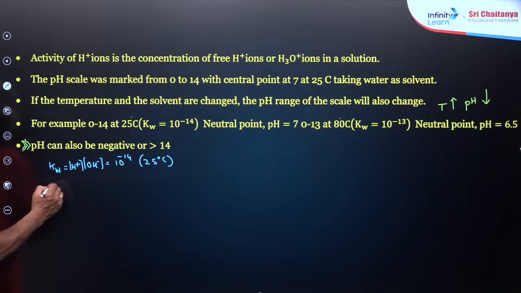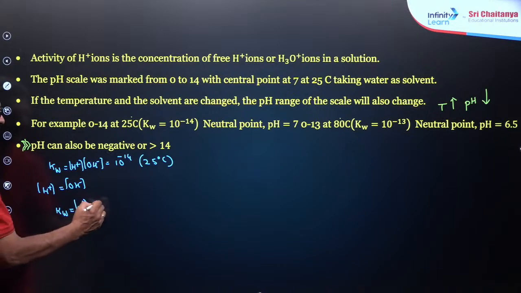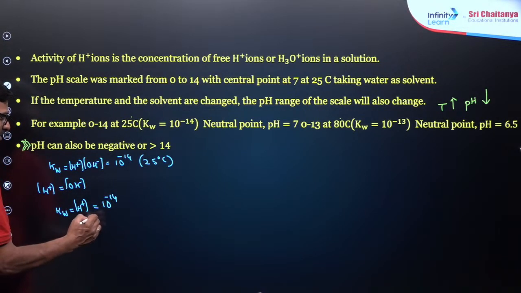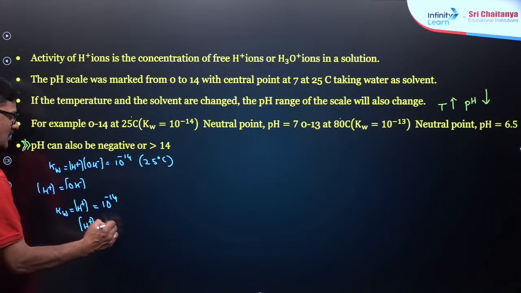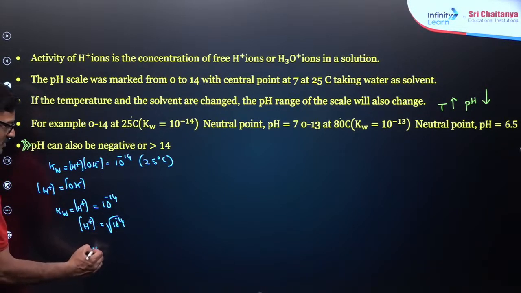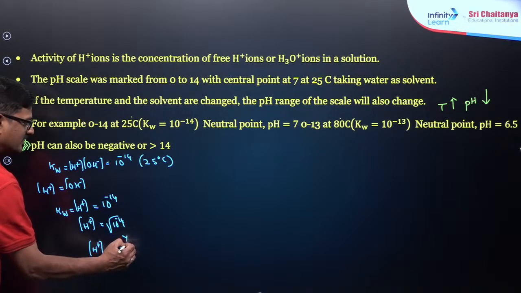Water being neutral, H plus is equal to OH minus. So Kw is equal to H plus squared, which is 10 to the power minus 14. H plus is the root of 10 to the power minus 14, so H plus is equal to 10 to the power minus 7.